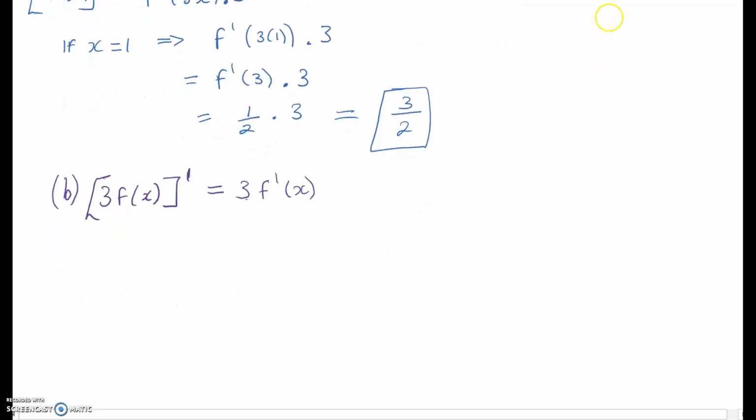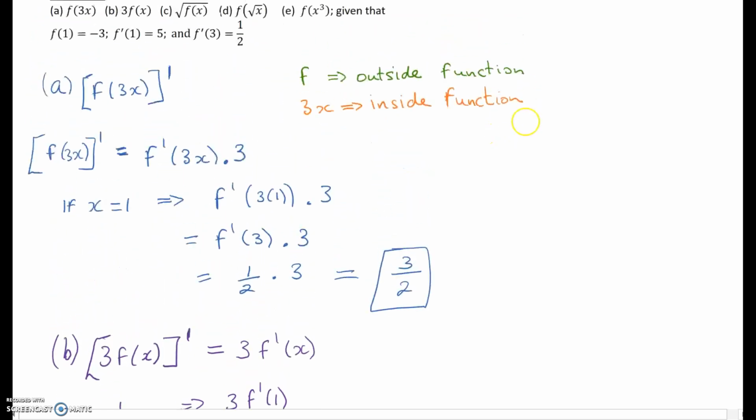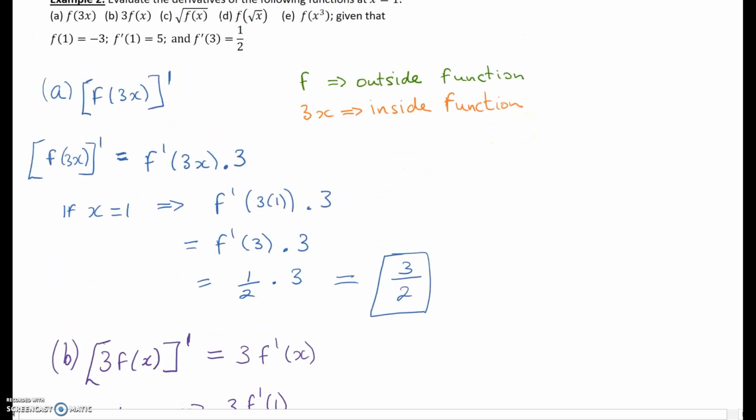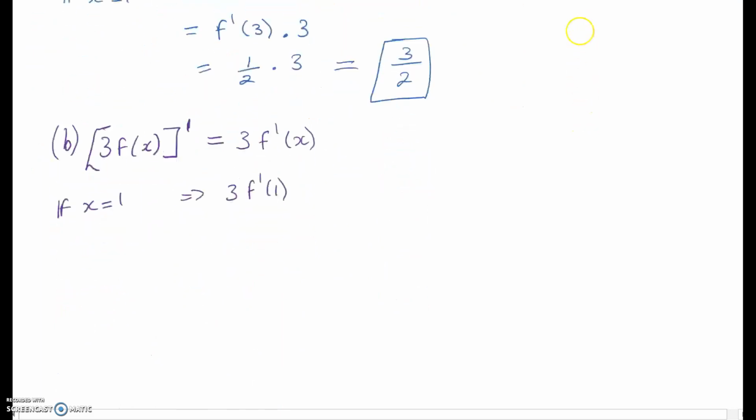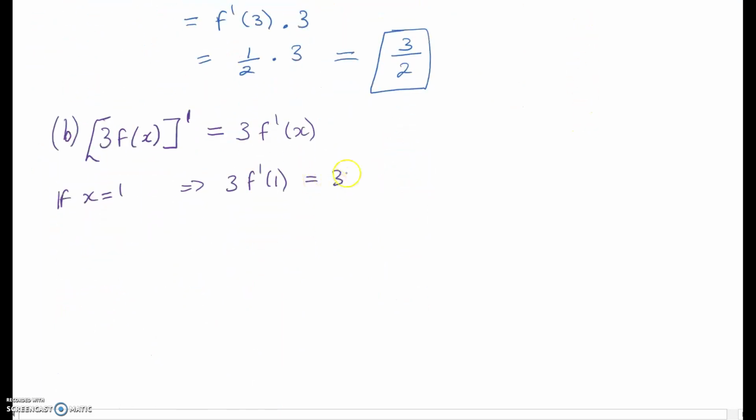Again, if x is equal to 1, this becomes 3 times f prime of 1. And if you look back up here, f prime of 1 was equal to 5. So this is 3 times 5, which is 15.